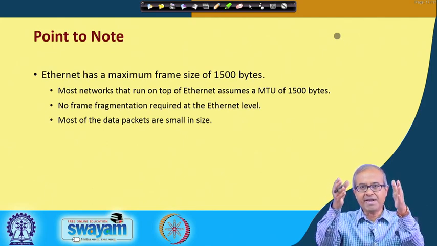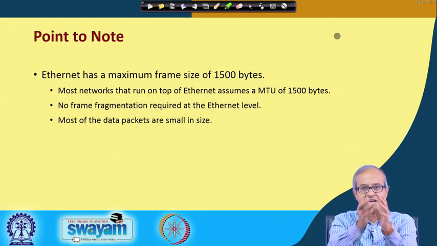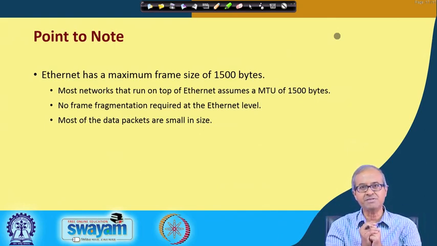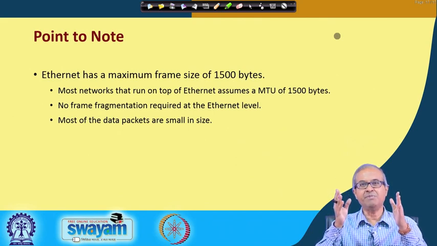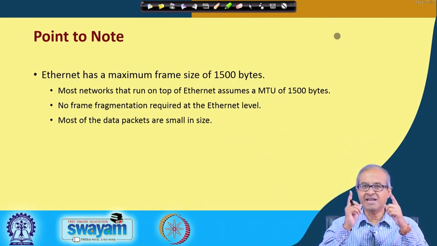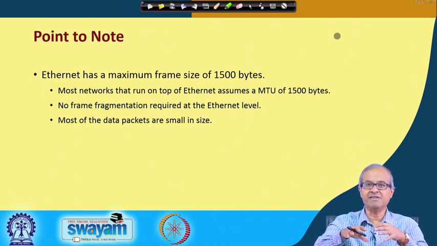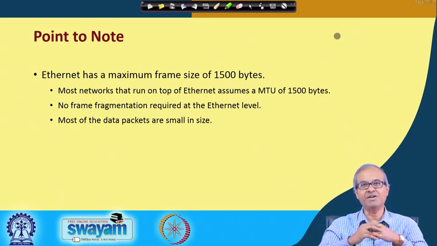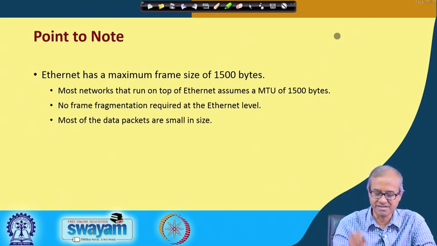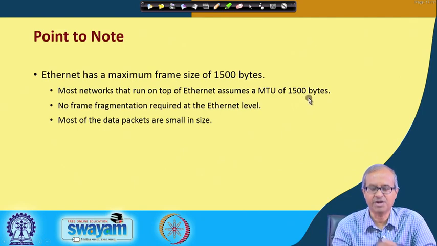So, when a packet goes down to the Ethernet level, it has to be broken up into smaller frames. So, there is some kind of fragmentation happening at the Ethernet level. Just to avoid that, some of the IP layers put a restriction that let us also limit the packet size to an MTU of 1500, so that at the Ethernet level we do not have to carry out any additional fragmentation. This is one of the important points.